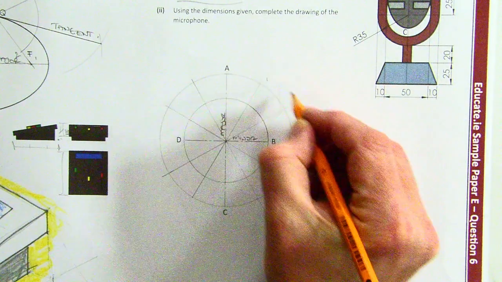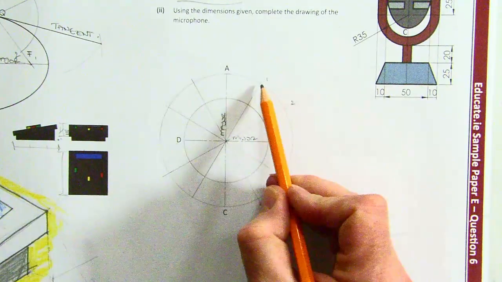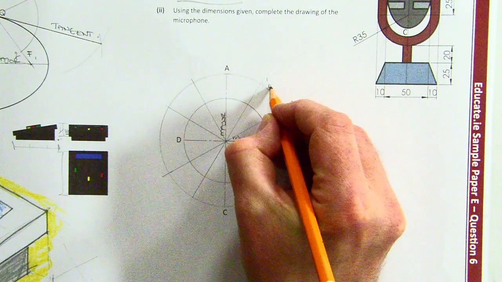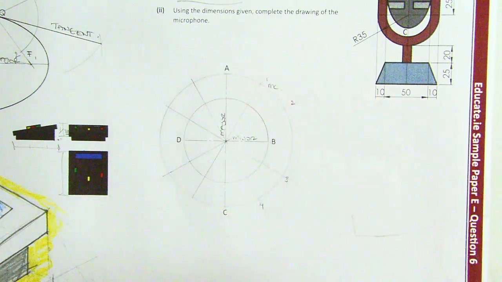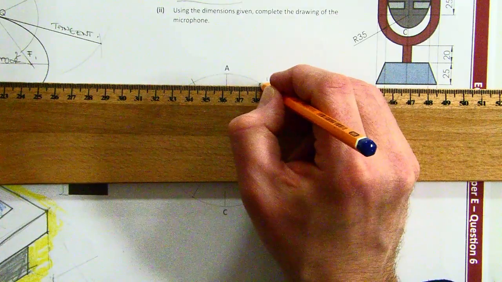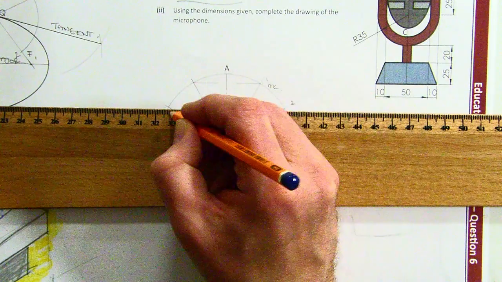Now, 1, 2, 3, 4. So you can see where one hits the major circle out here. It's got to go towards the major axis, so it's got to go in the way. And it's the same for all the other ones for 2.